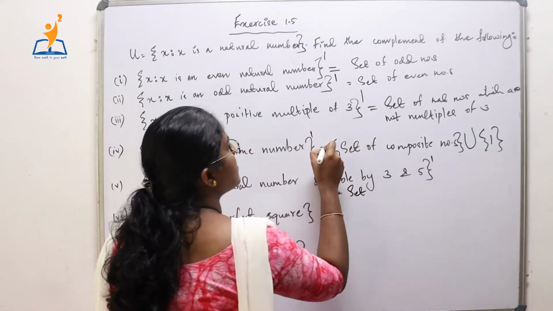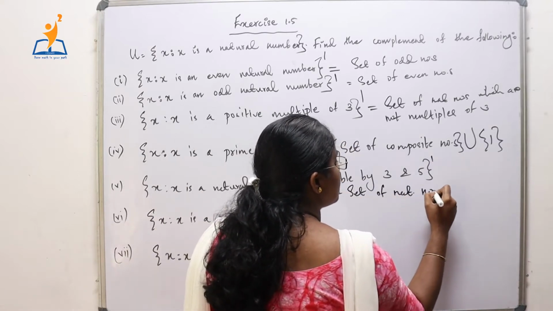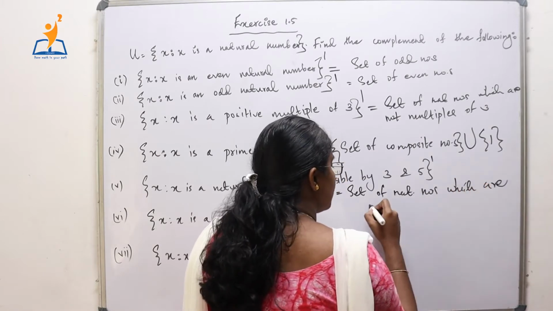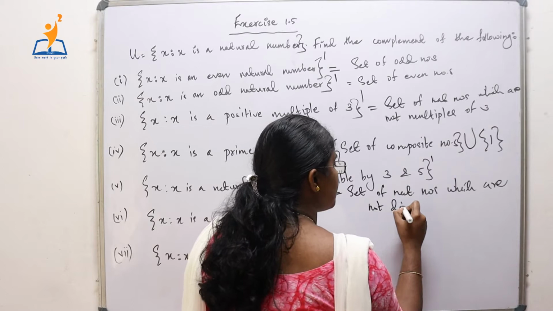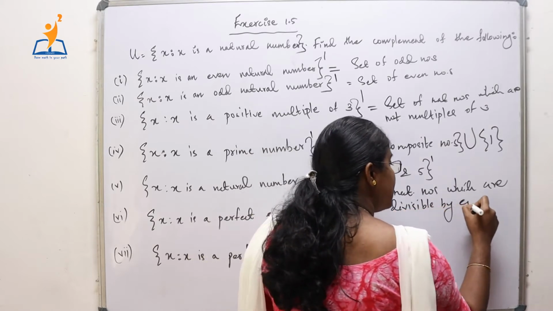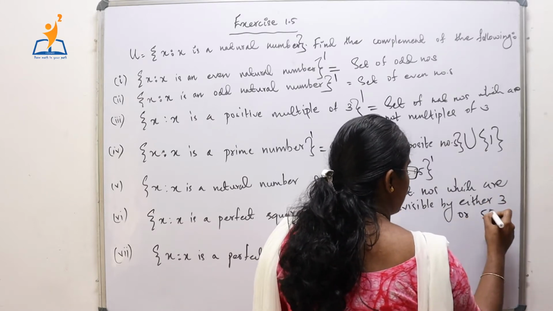Complement of this set will be the set of natural numbers which are not divisible by either 3 or 5.